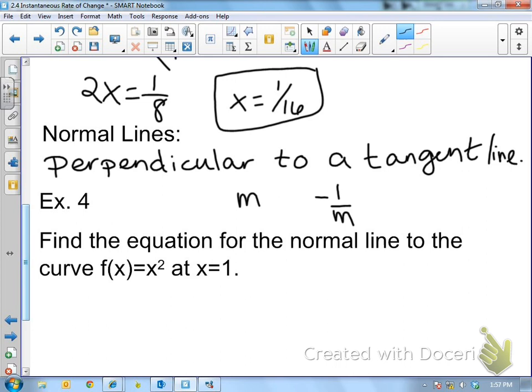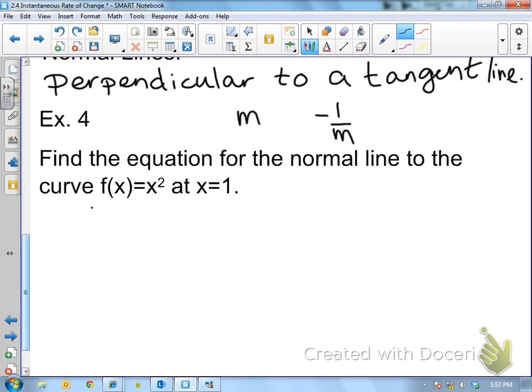So what's the slope of my normal line at 1? Negative 1/2. So slope is negative 1/2. We already found x and y earlier. We don't need to find them again. I found them once when I was finding the equation of a tangent line. And they told us what x was. I really only had to find y.